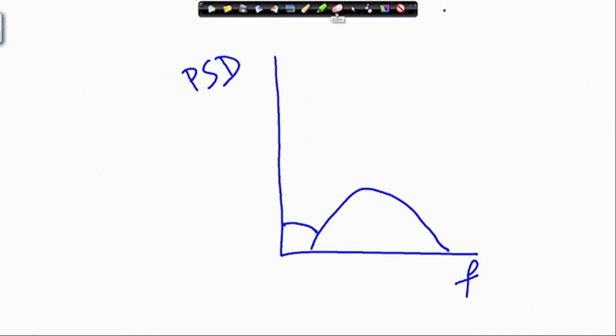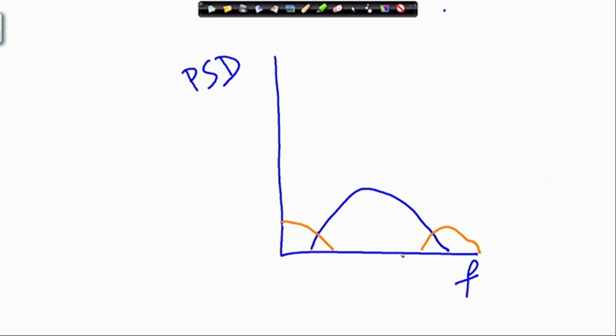I think I should use a different color for that. And here the high frequency side.